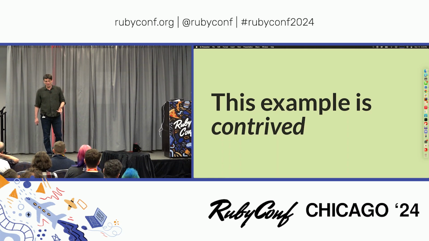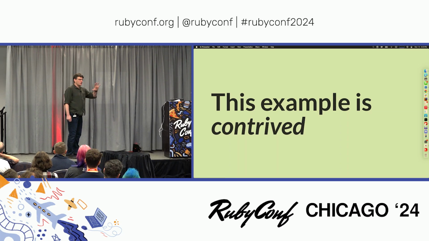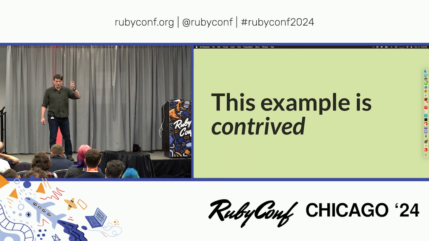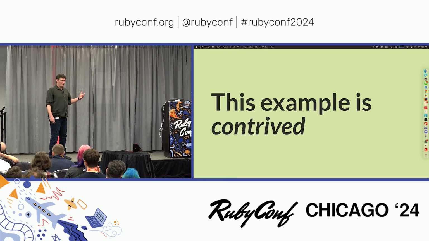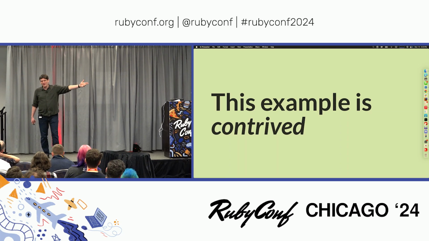I wrote this sample code a bunch of times, and I tried to put in null checks and some other stuff that we'll talk about a little bit later. Every time I tried to make it more of a concrete problem and less of an abstract problem, I was inadvertently triggering the type error early enough that it wasn't a problem anymore.